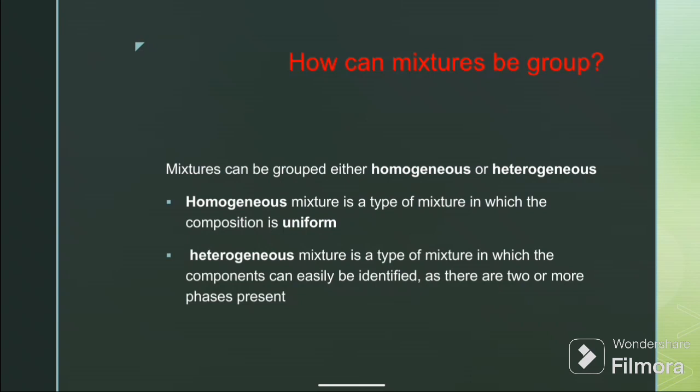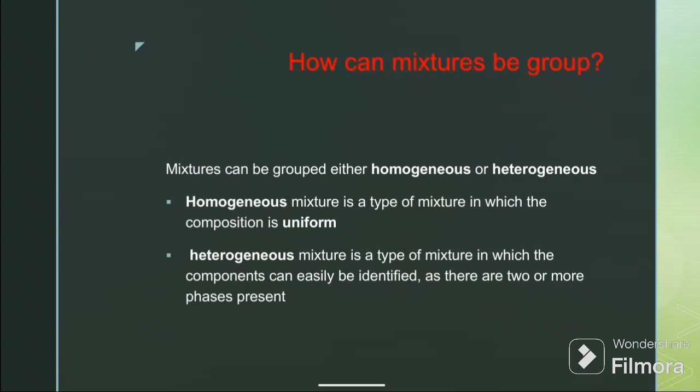We say it's a homogeneous mixture. A heterogeneous mixture is a type of mixture in which the components can easily be identified. Mostly heterogeneous mixtures come in layers. We can have 2 layers, 3 layers. That means they have not been uniformly mixed.